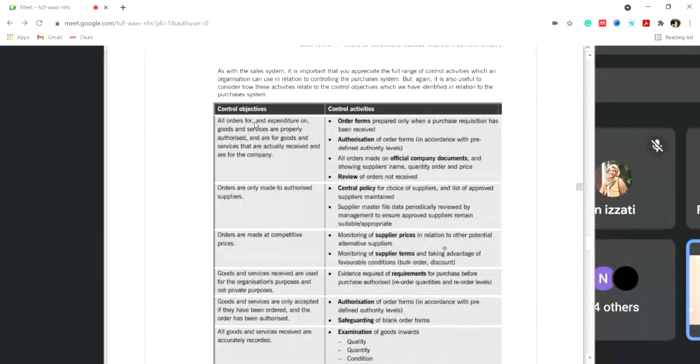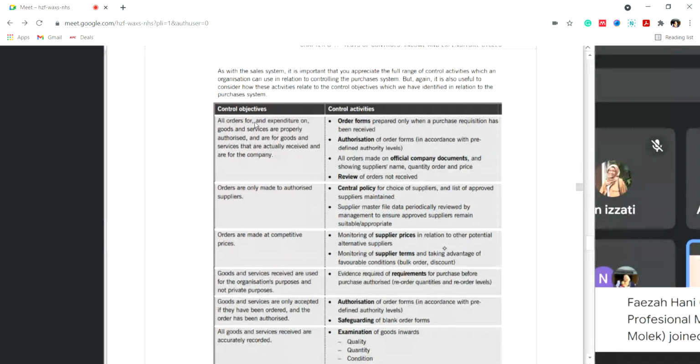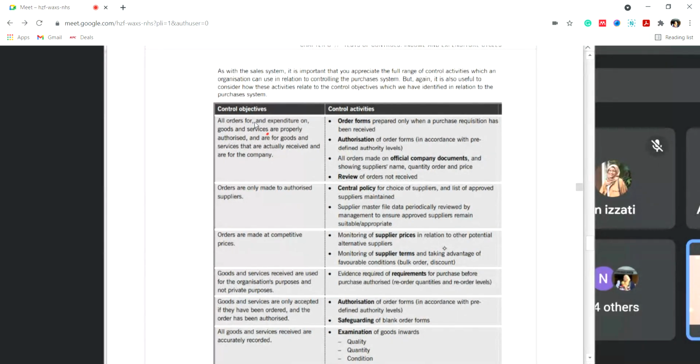For the control objective, let's say all orders for expenditure on goods and services are properly authorized and are for goods and services that are actually received and are for the company. So that is the control objective from earlier. So what are the control activities? You must have the order form, which is a document.